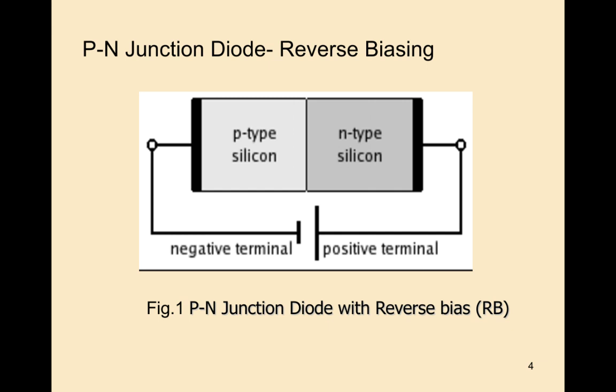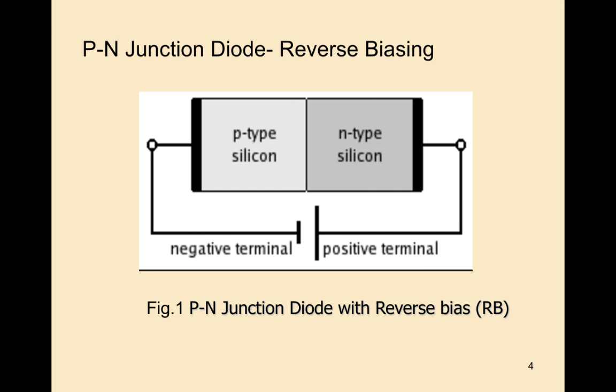So here we are connecting in reverse mode. That means battery plus is connected to diode minus, and battery minus is connected to diode plus.